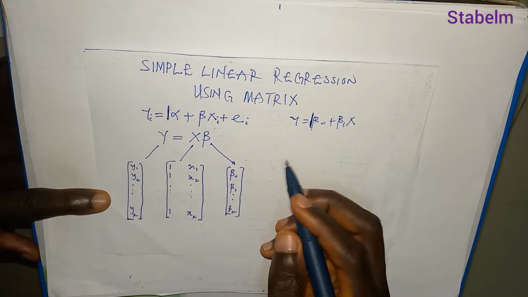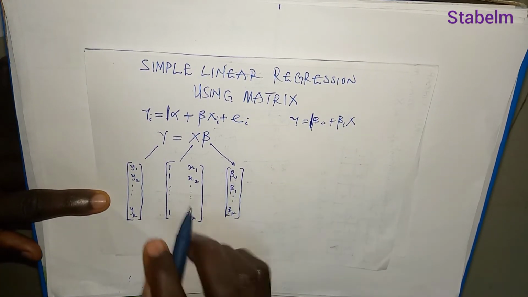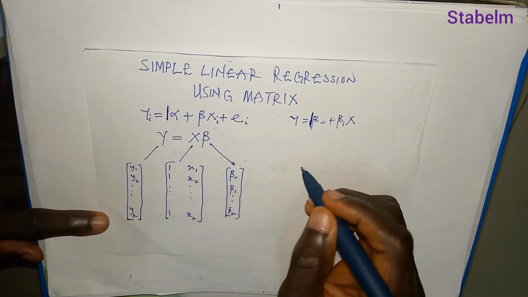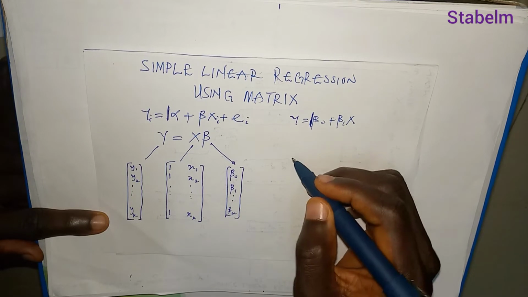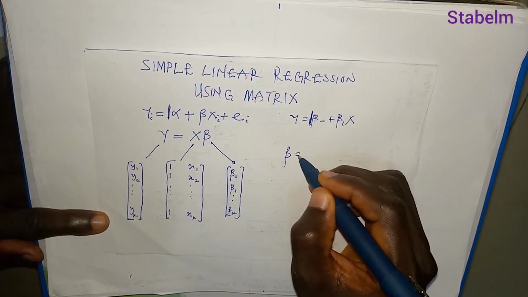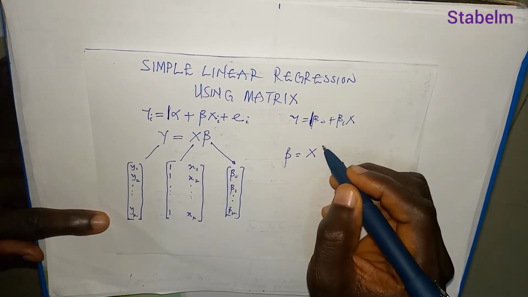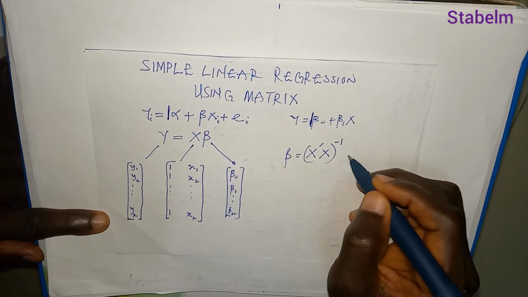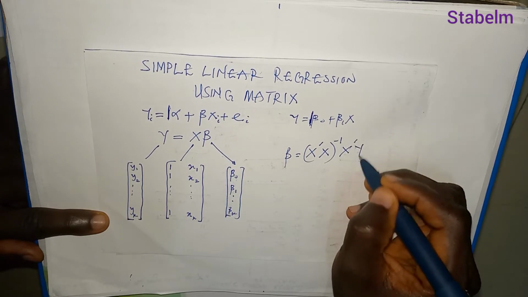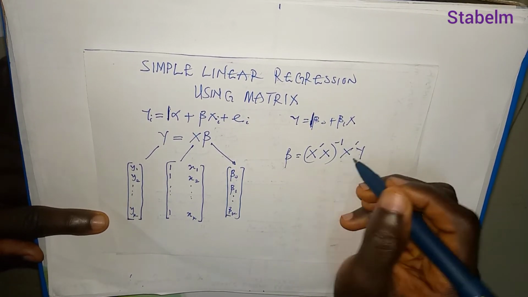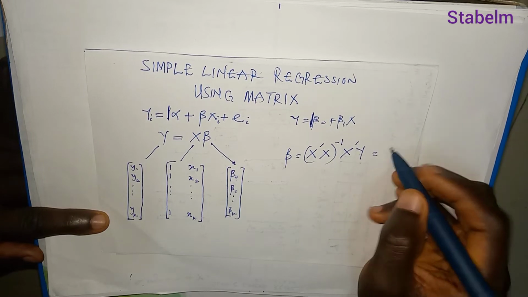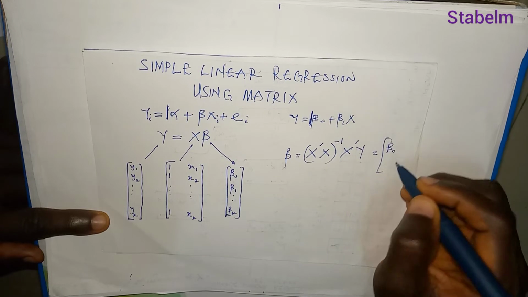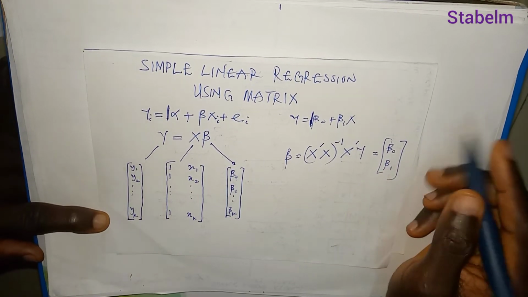So this is the matrix notation of simple linear regression we are going to use. And for us to get this beta, beta equals x prime multiplied by x, everything inverse, multiplied by x prime y. This is going to give us the coefficients of this simple linear regression, which are beta naught and beta 1.